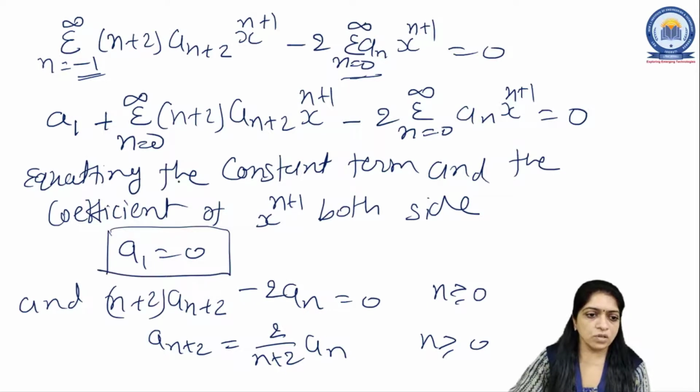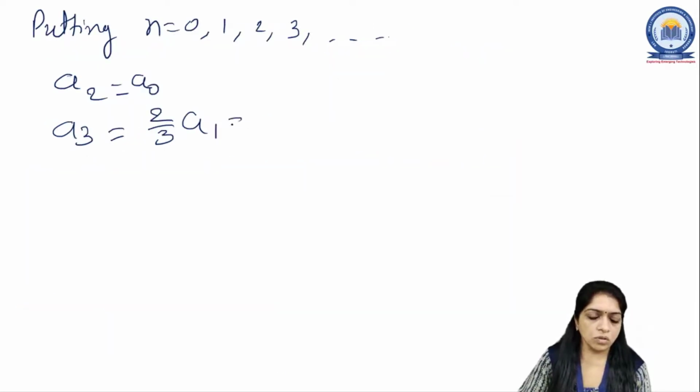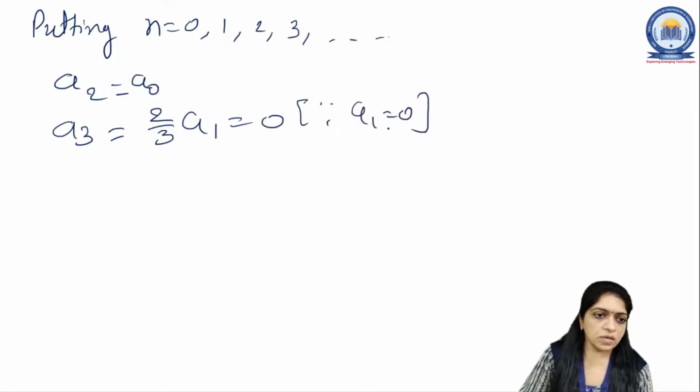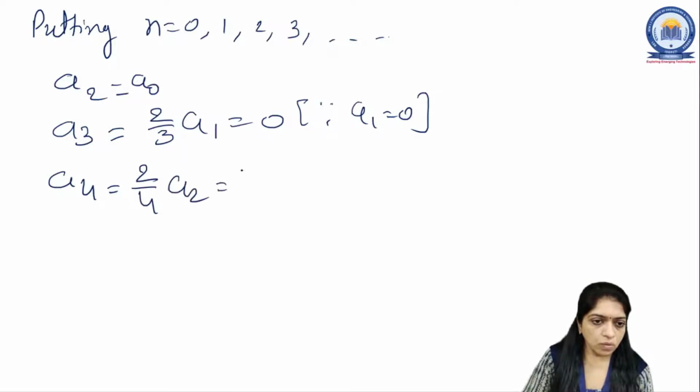Here a1 is 0, so a3 is also 0, because a1 equal to 0. By putting n equal to 2, a4 is 2 by 4 a2, that is 1 half a2, so a0 by 2.